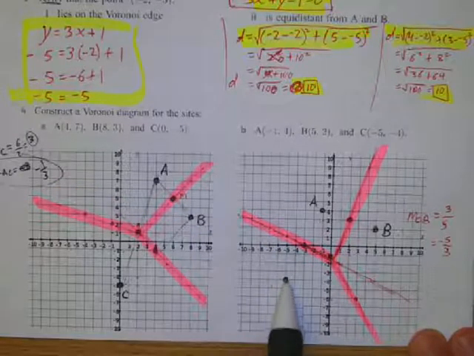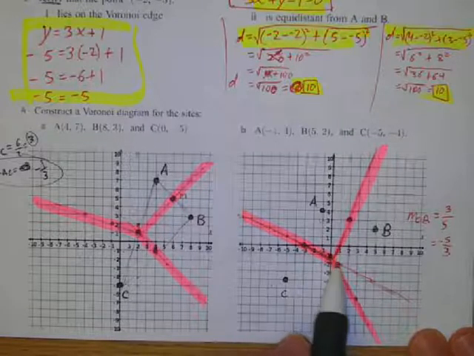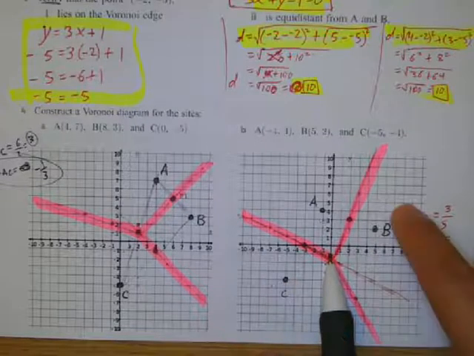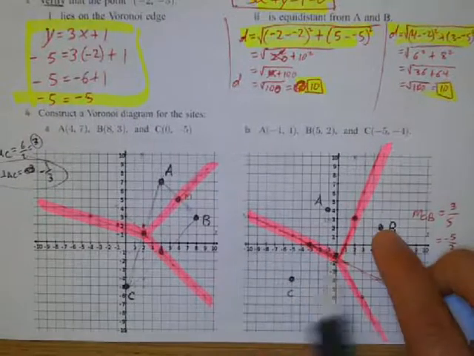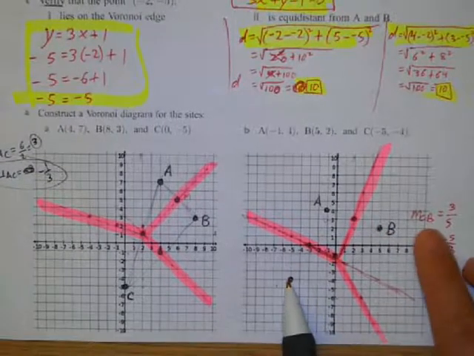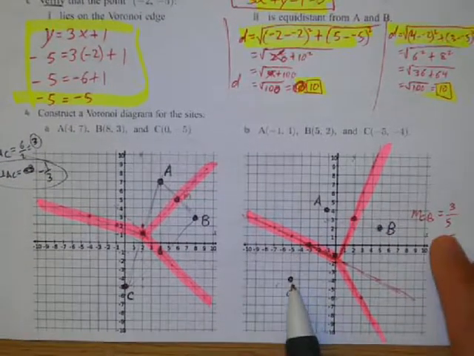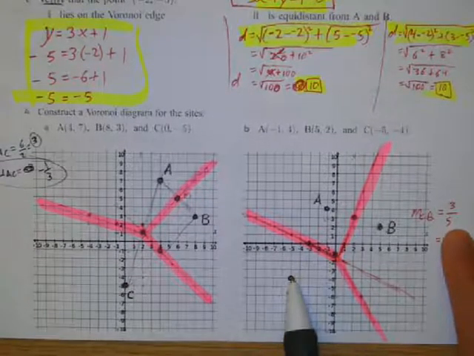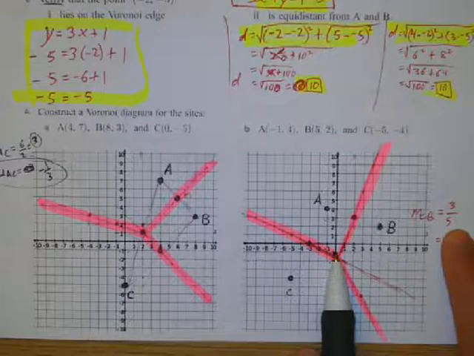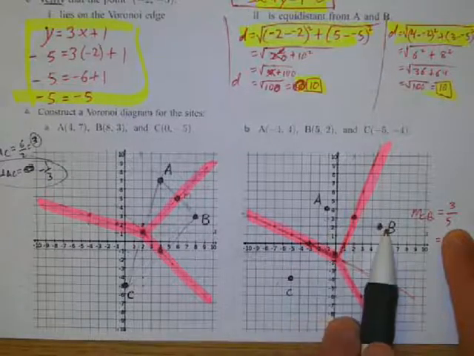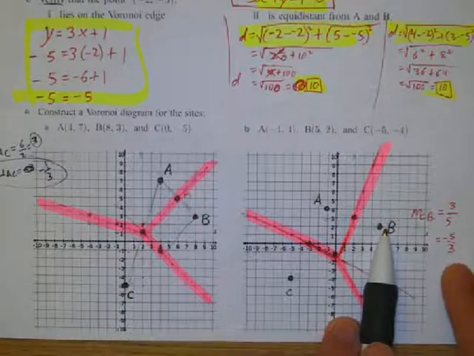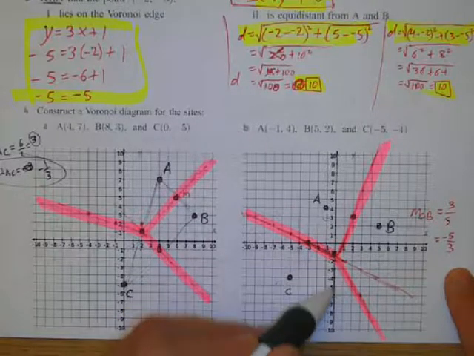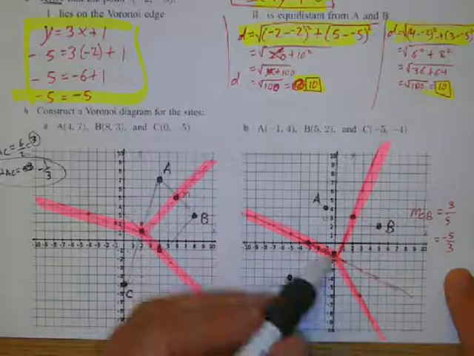So I'm going to go up 3 over 5, and this is my midpoint halfway between C and B. And my slope between C and B is 3/5, up 3 over 5, rise over run, right? So the reciprocal is going to be negative 5/3. So from this midpoint, I'm going to go down 5 over 3. And then I draw that line.